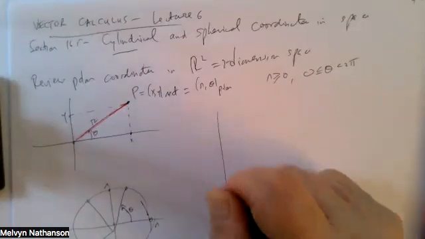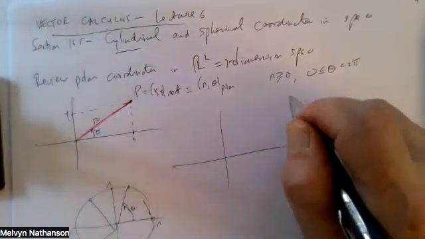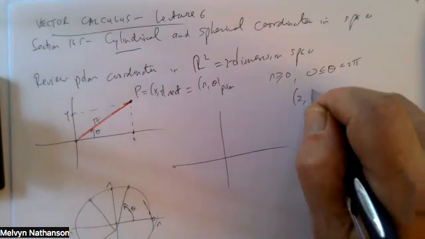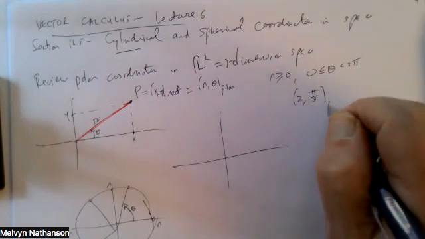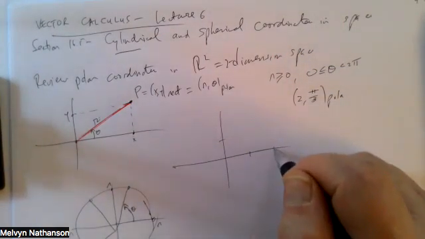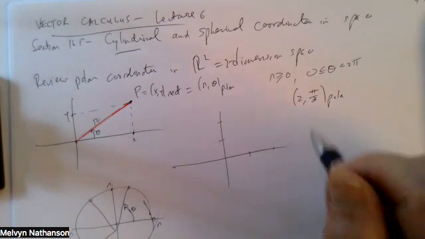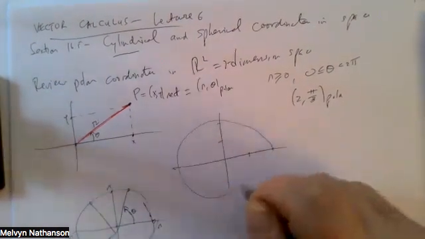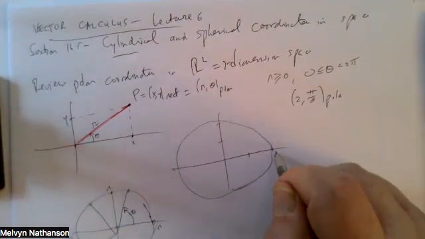So for example, if you have polar coordinates 2, pi over 3, if those are the polar coordinates of a point, it means you're looking at a point at distance 2 from the origin. So that point lies on the circle of radius 2.